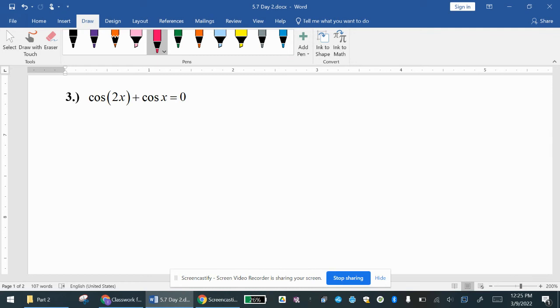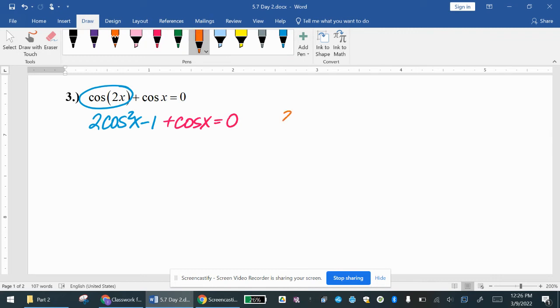Okay, so do you remember that we said that there are 3 options for cosine of a double angle? Well, in this case, I'm going to try to stick within the same family of cosine. Remember, there was an option that allowed you to write the double angle of cosine as 2 cosine squared x minus 1. Okay, so I can technically replace that and keep everything else the same.